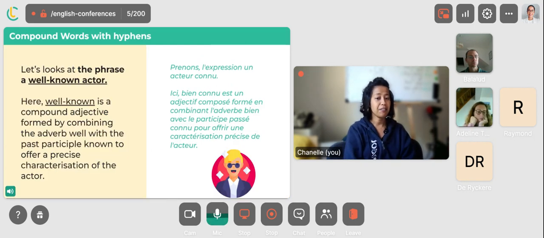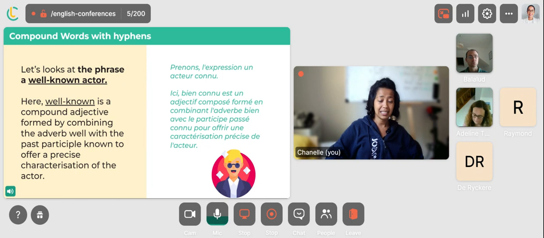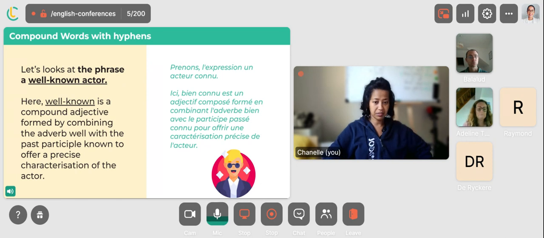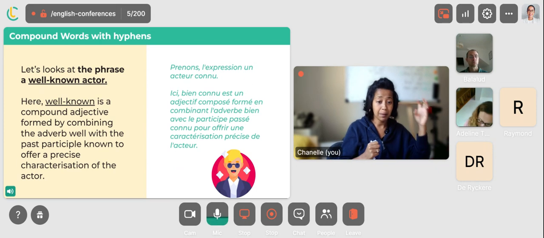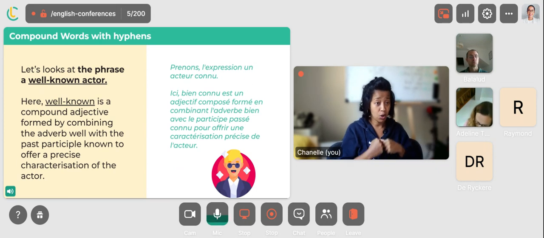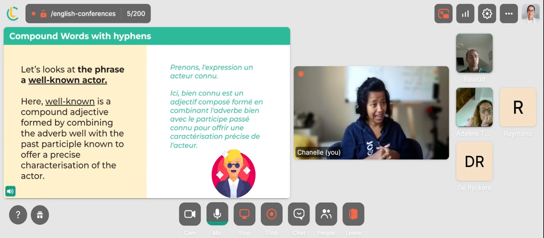Let's look at the phrase, a well-known actor. Here, well-known is a compound adjective formed by combining the adverb well with the past participle known to offer a precise characterization of the actor.